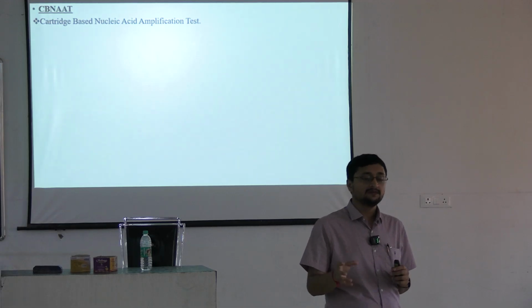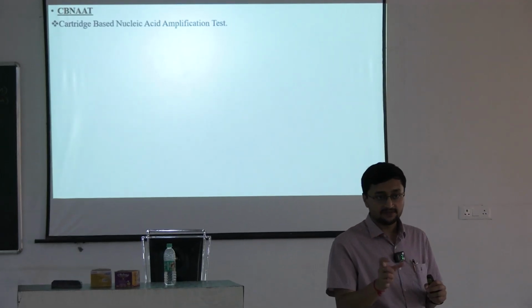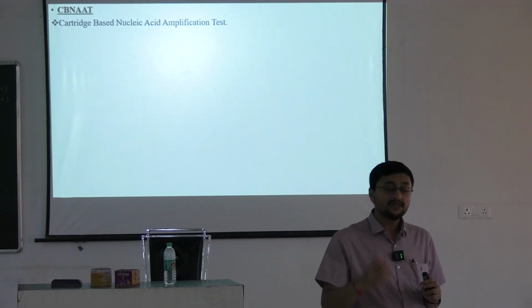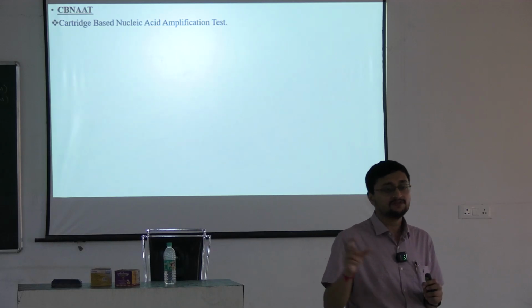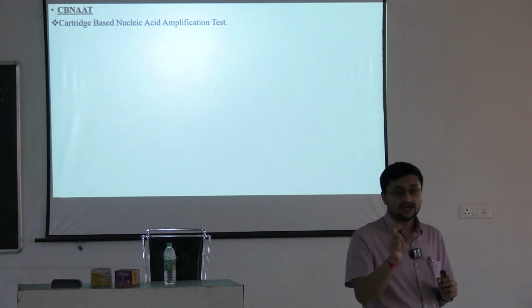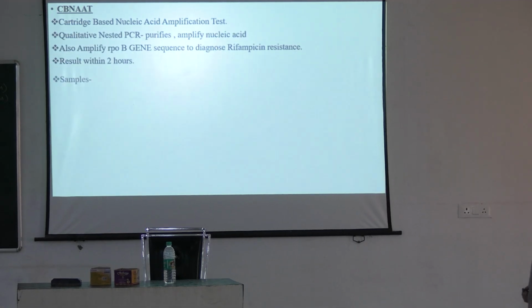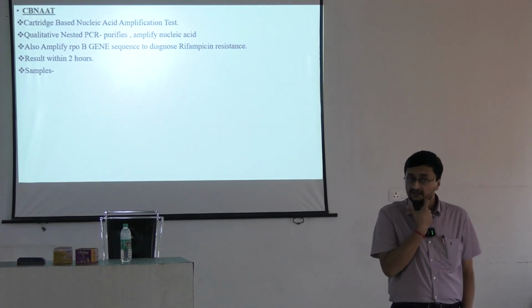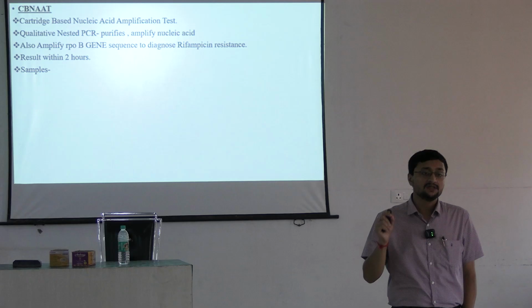Okay, and after you find a specific gene present in Mycobacterium tuberculosis, then you should find a RR, rifampicin resistance gene. If it is not found, then you should mention RR not found. So the gene which is amplified is the RPOB gene to detect rifampicin resistance.